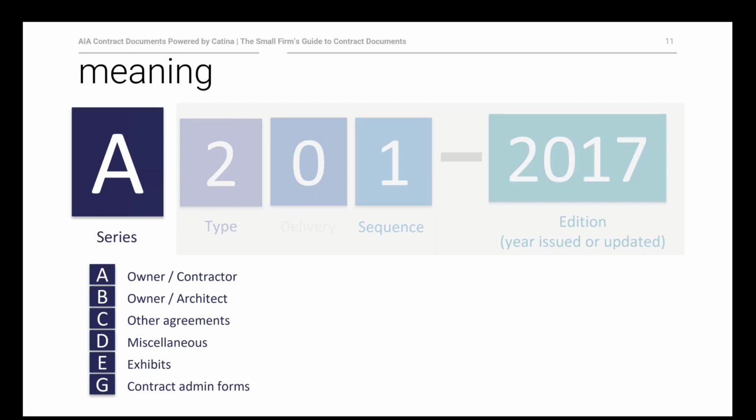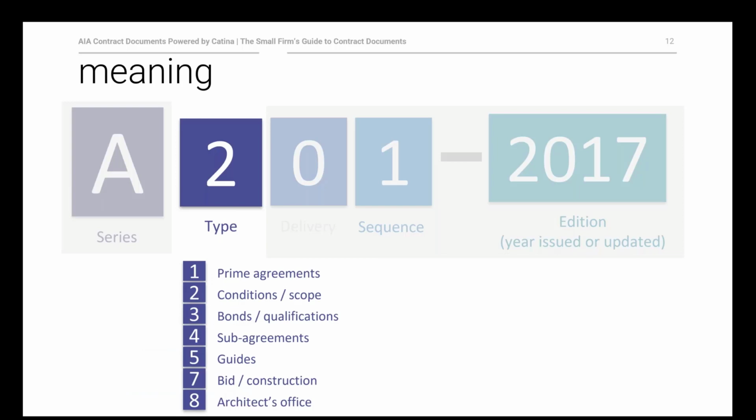So we just started with this. Again, you can see the number system, the series and what it stands for, and why that designation appears on a document. Then the numbers. So the first number in the sequence is to indicate, in general terms, the type of document. Is it a prime agreement?